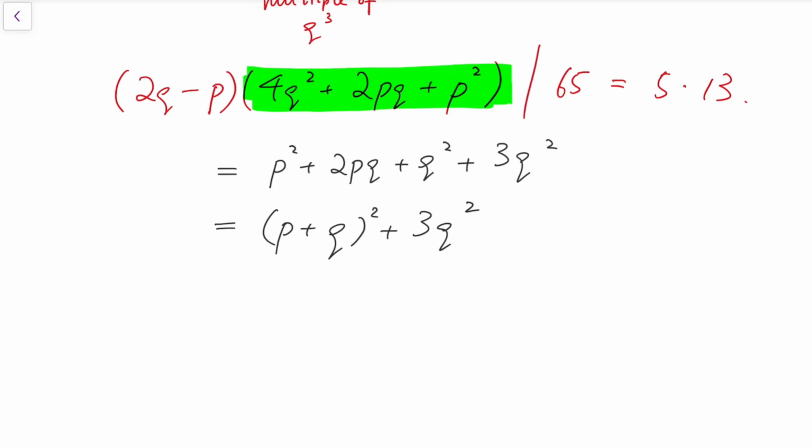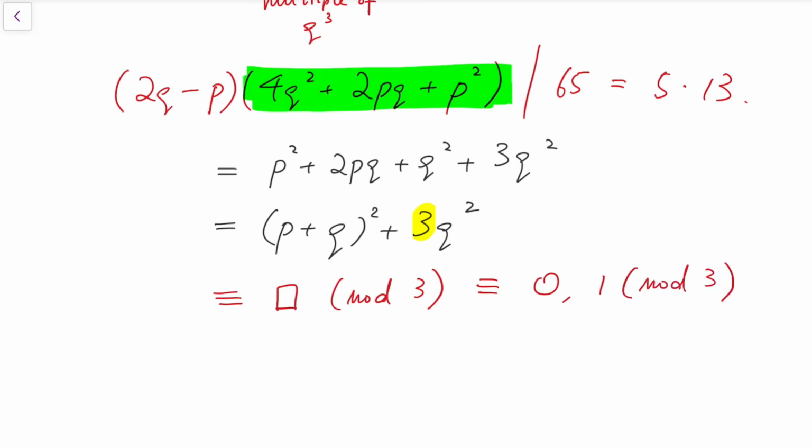So this integer is supposed to be written as a square plus 3 times another square. And it has to follow some properties, in particular mod 3, because we have a 3 as coefficient here. It must be congruent to a square mod 3, and that is either 0 or 1.